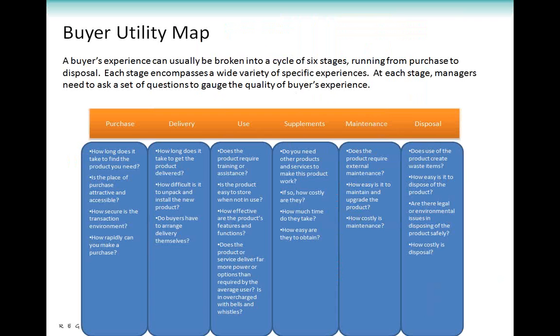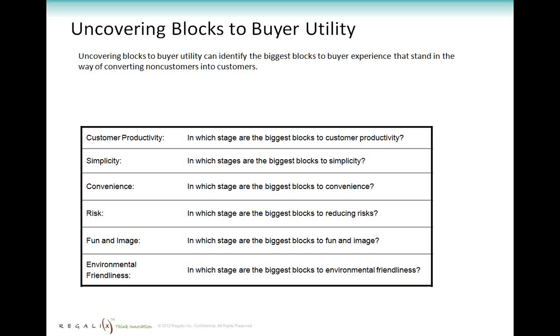Each stage consists of a wide variety of specific experiences. At each stage, managers need to ask a set of questions to gauge the quality of the buyer's experience. This is overlaid with the blocks to buyer utility. Uncovering the blocks to buyer utility can identify the biggest blocks to a buyer experience that stand in the way of converting non-customers into customers.